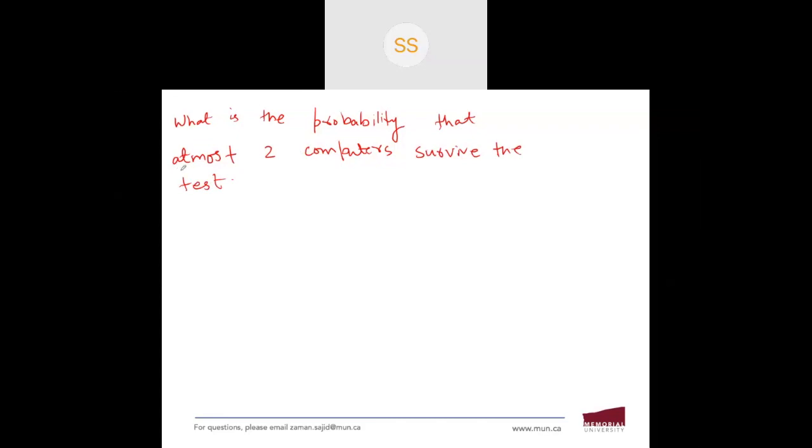By at most, it means to say, this word is showing you, he's asking us to find the maximum, so that the maximum of 2 computers could survive. So I can write down my formula for the binomial distribution as x is less than or equal to 2 of 4, and this is the probability 0.7.